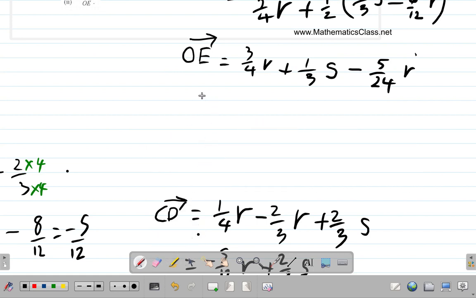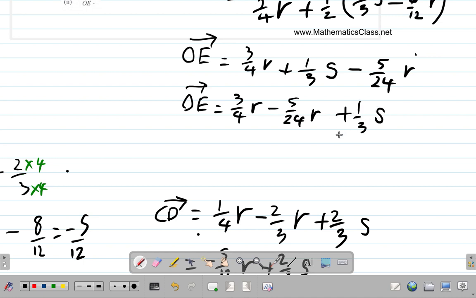Now, OE equals 3/4 R minus 5/24 R plus 1/3 S.